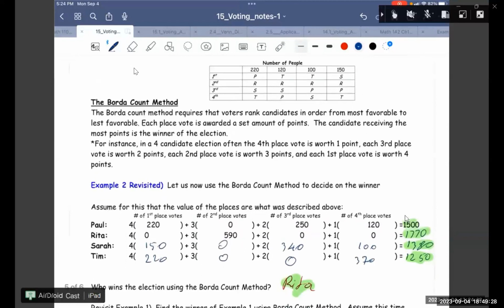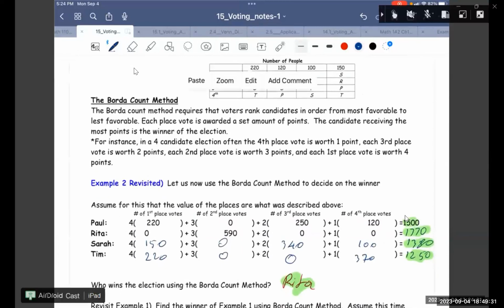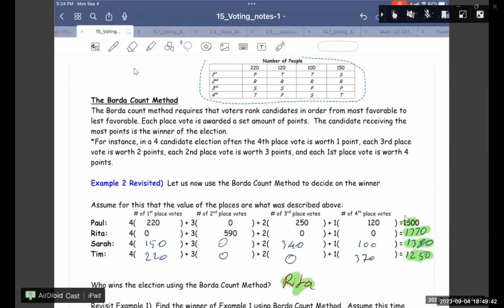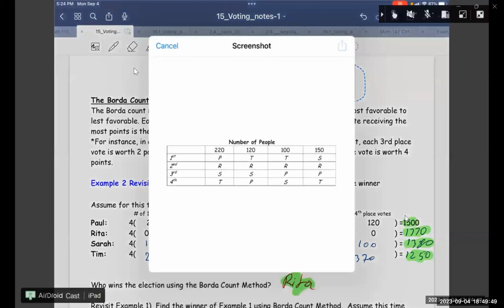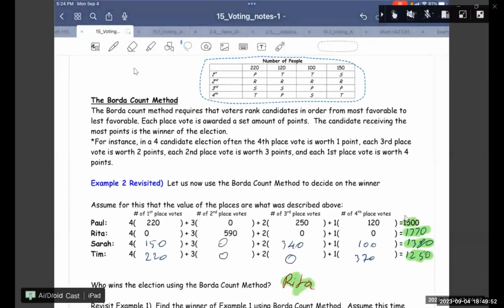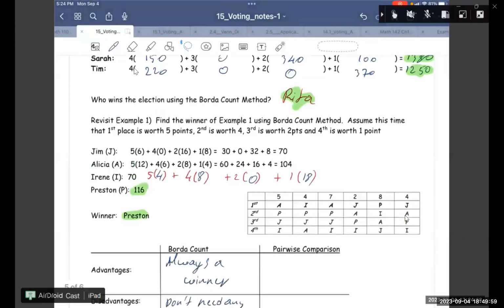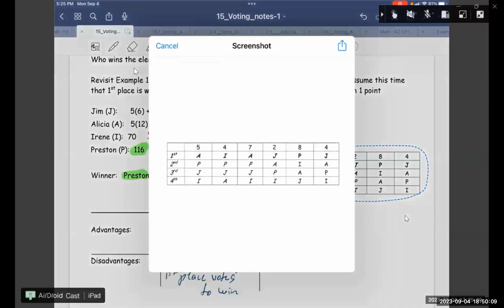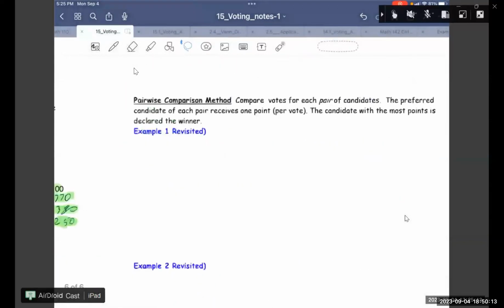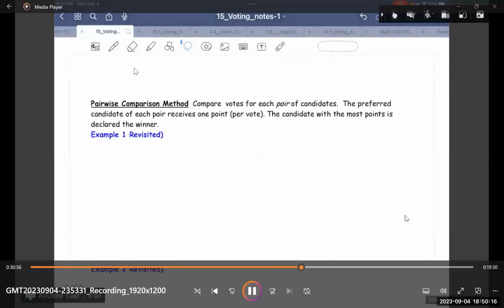So we can copy this one down right now. No, actually this one, not that one, this one, because we use the first example.